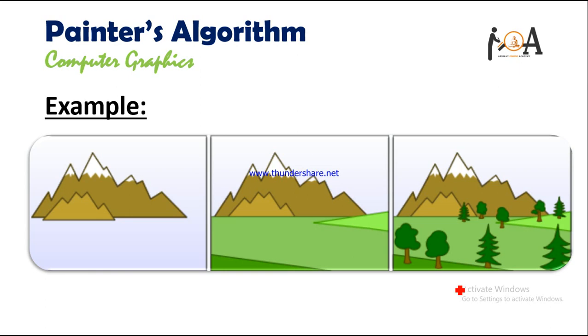You can see this concept throughout these images. Suppose this is the image, then you will paint the mountains first. You should paint the farthest parts first, so the farthest part of the image, that is the mountains, you will paint first. After that the meadows, the grounds or the grass, you will fill them, and after that you will fill the trees.